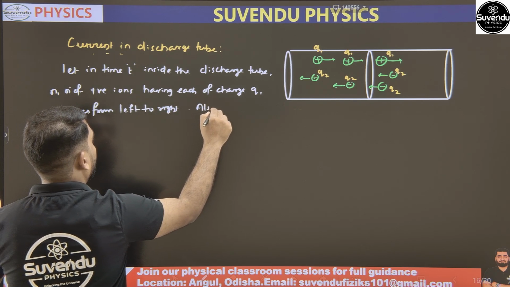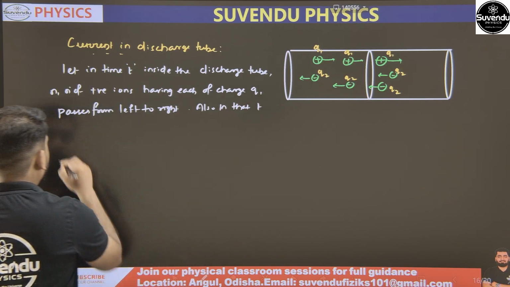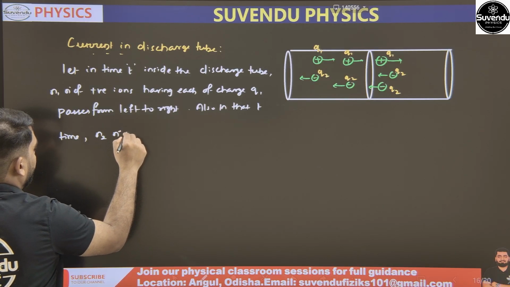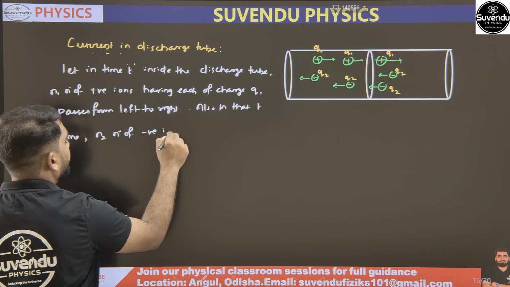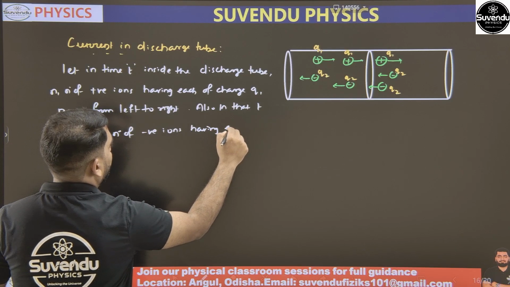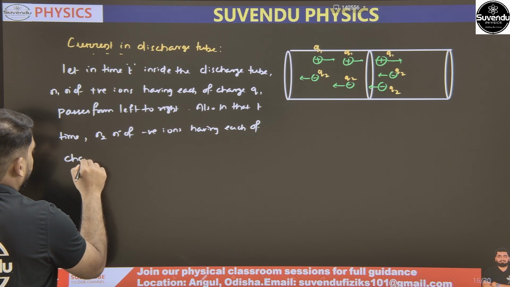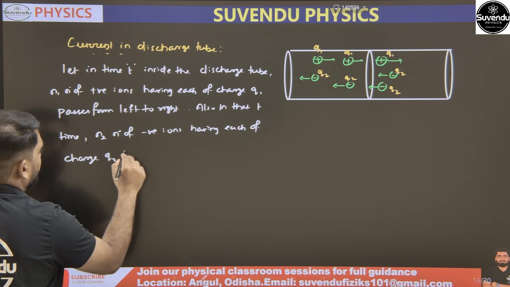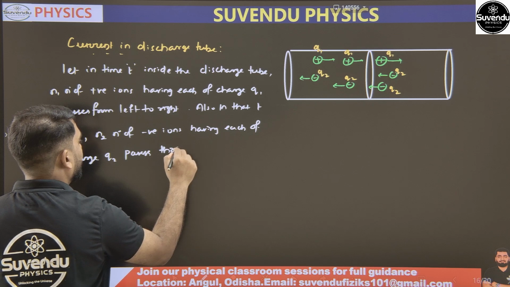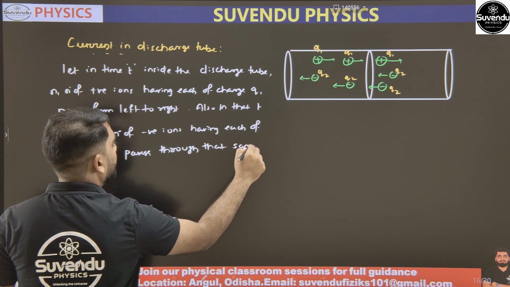Also in that time t, n2 number of negative ions, each having charge q2, pass through that same cross section.